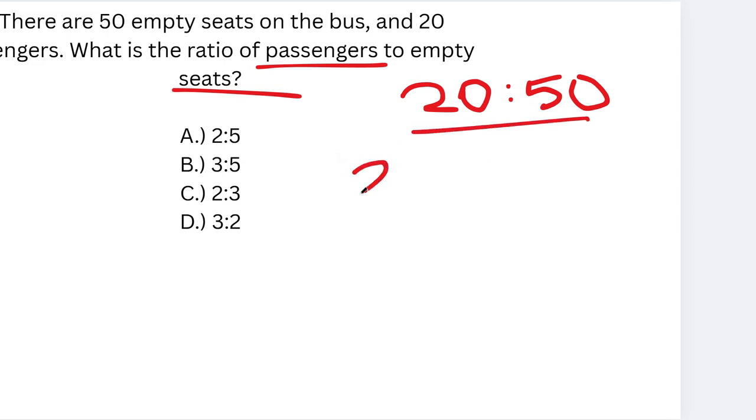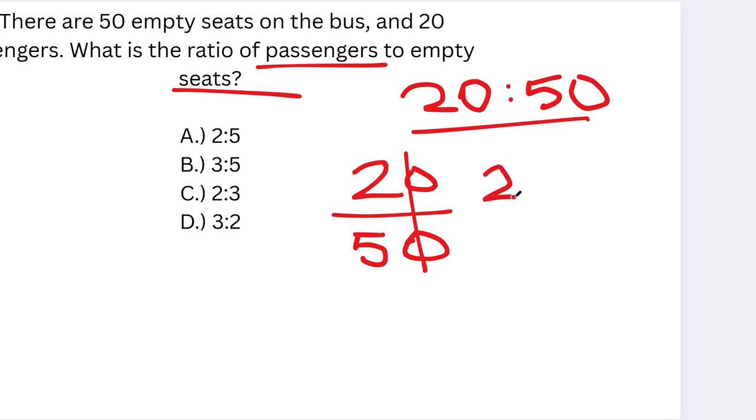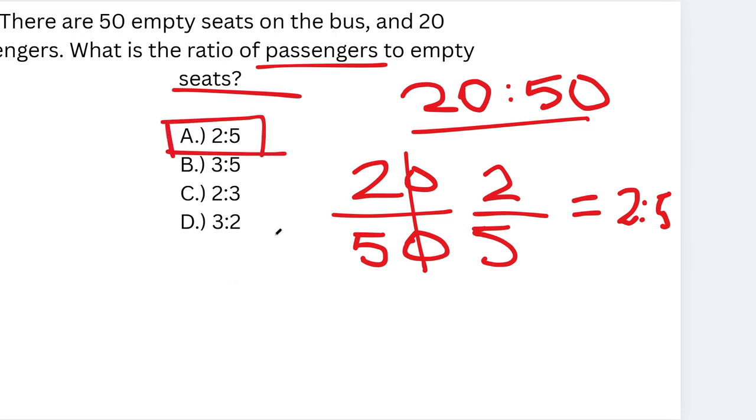Put that in fraction form to divide the numbers. Then we could just divide the top and bottom by 10. And to make it easier, we could just cross out this 0. So our final answer is 2 over 5, which is also 2 to 5 in ratio form, which gives us option A as the correct answer.